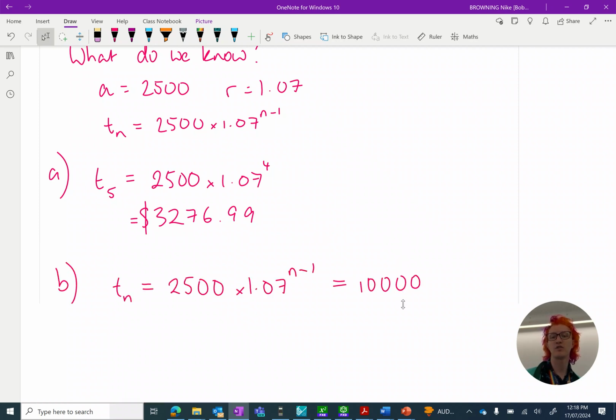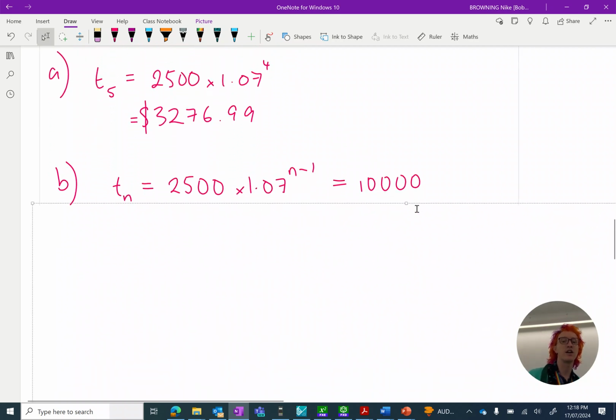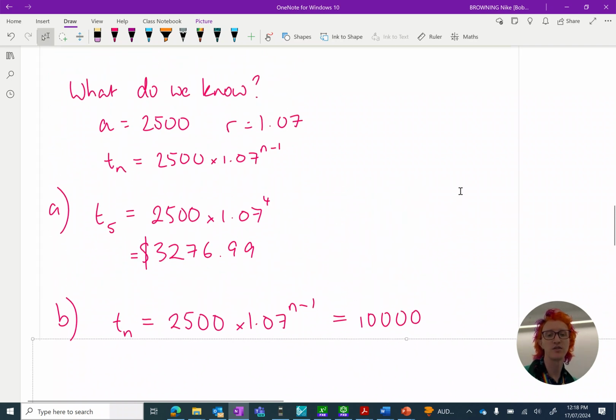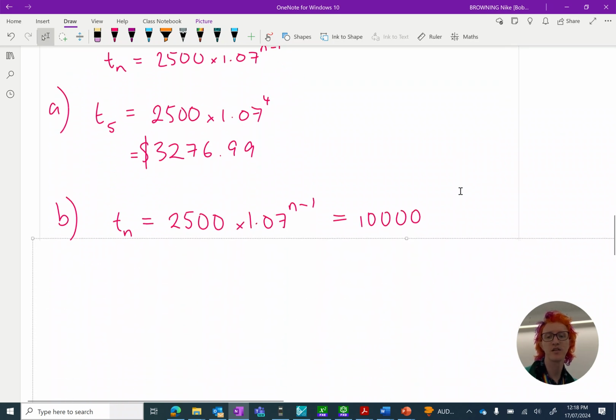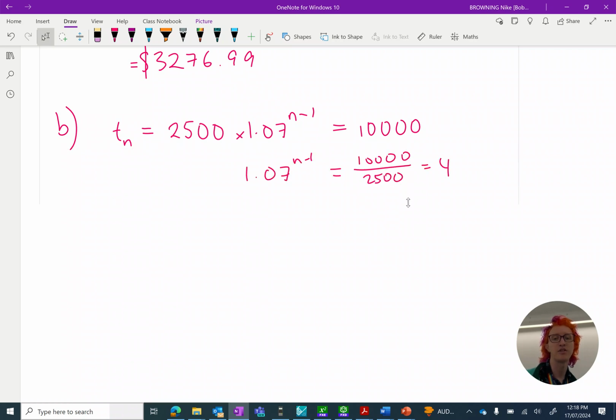B is a bit more complex. I've got two solutions in here. We'll go through both, needing your calculator at one point. So t_n is equal to 2,500 times 1.07 to the n minus 1 is greater than or equal to 10,000. We then divide by 2,500, so 1.07 to the power n minus 1 is equal to 4.